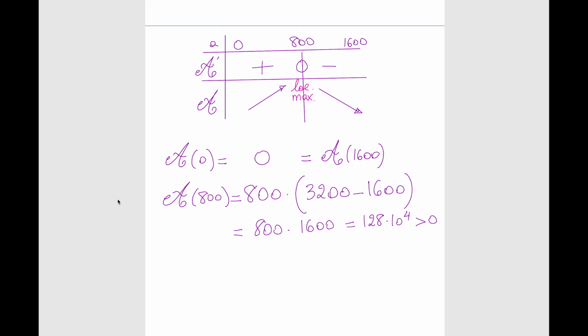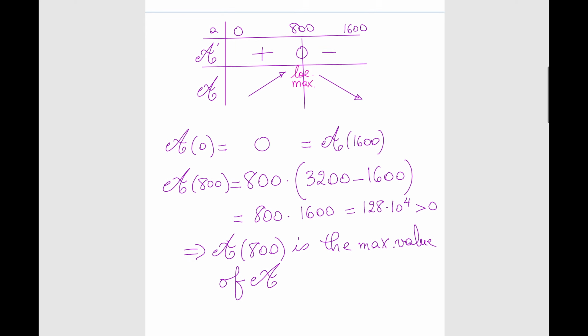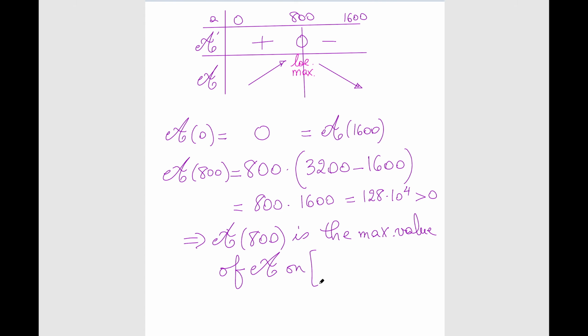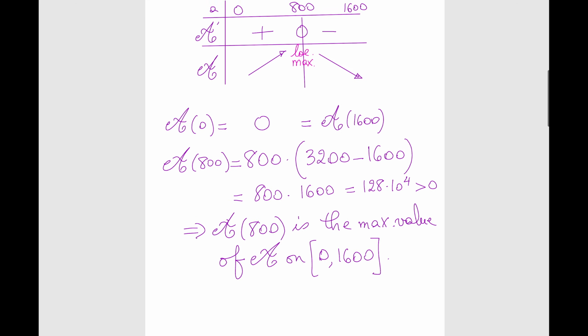Okay, so this is the maximum value. So a of 800 is the maximum value of the function a, okay, on the interval 0, 1600. All right. Okay, but this is not the question.